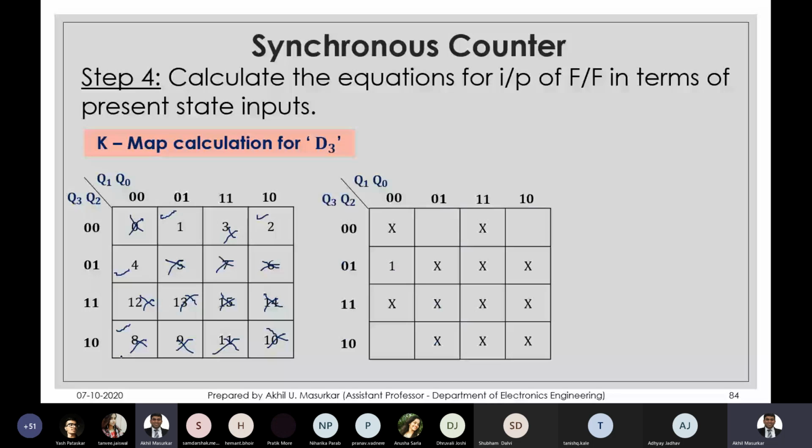In place of 4, there is a 1 here. So obviously you will get one octave, and here we will have 2. So this K map is having 12 don't cares.